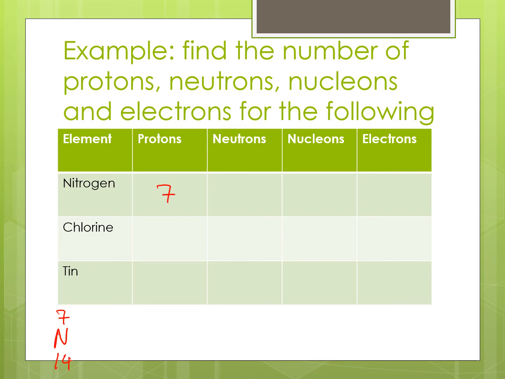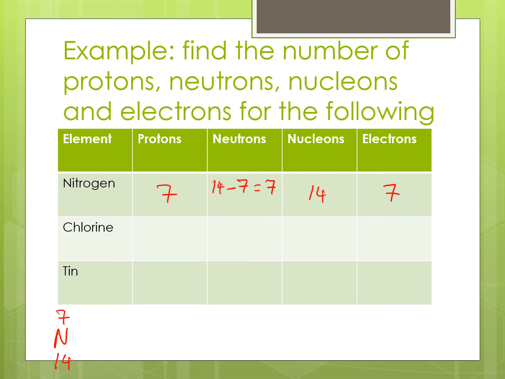So that means we have 7 protons. The number of neutrons will be your mass minus the number of protons, which is 7. Your number of nucleons, because it's the combined number of protons and neutrons, is really just the mass. So we have 14 nucleons, and the electron number should be the same as the number of protons.